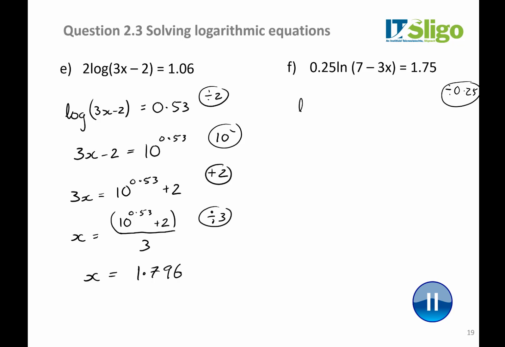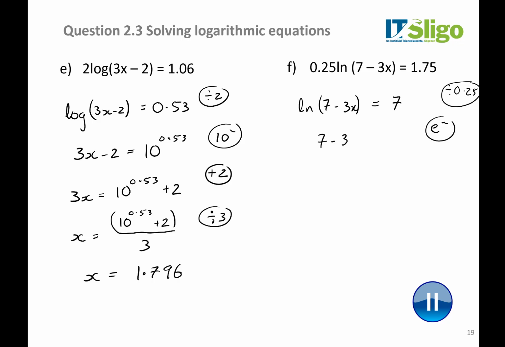So we're going to have the natural log of the brackets. And now 1.75 divided by 0.25. It's going to give me an even number, thinking about it. It's going to give me 7, I'm pretty sure, but I will just double check. Yep. Now we want to get rid of the natural log, so raise both sides as a power of e.